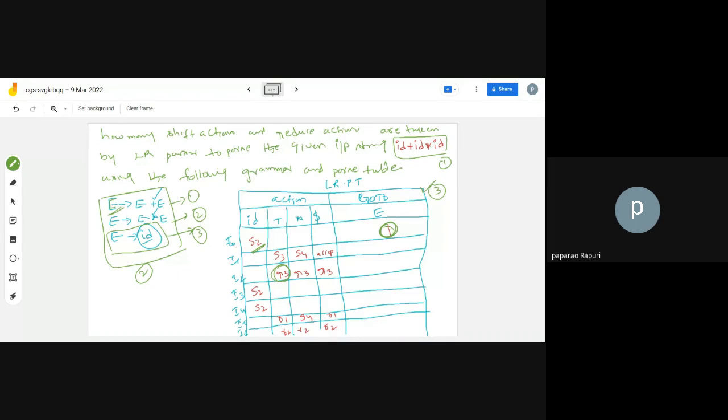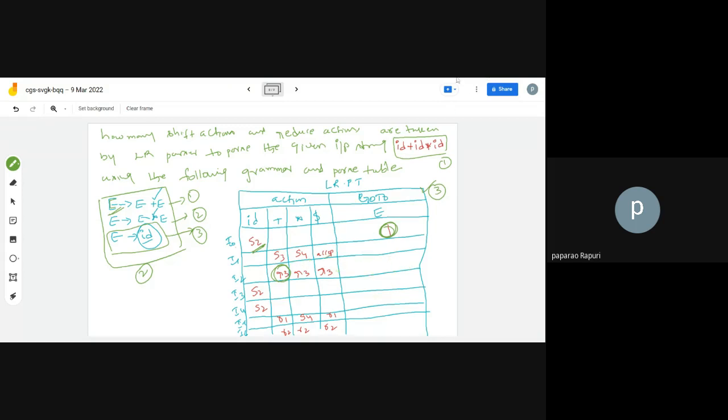We have to check with the help of the table. If the table specifies reduction, we have to do the reduction. Suppose the table specifies shift, we have to perform the shift. Otherwise it may tell accept, or if it is empty it tells error.